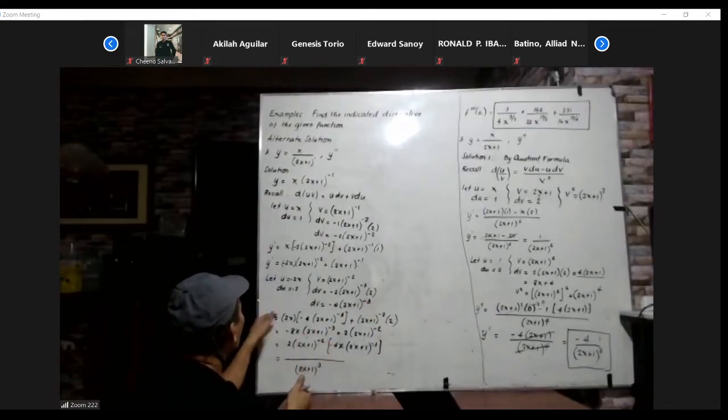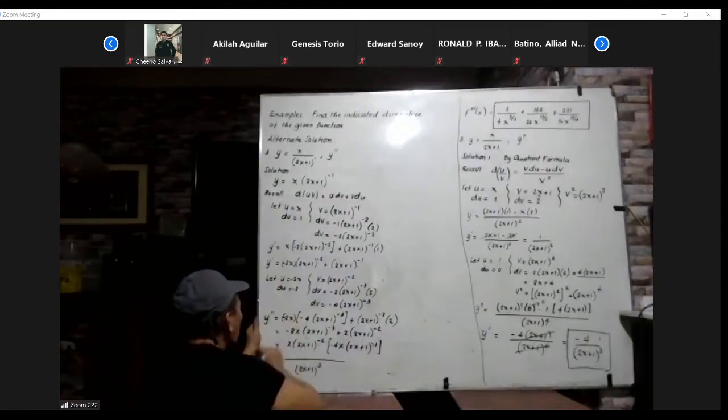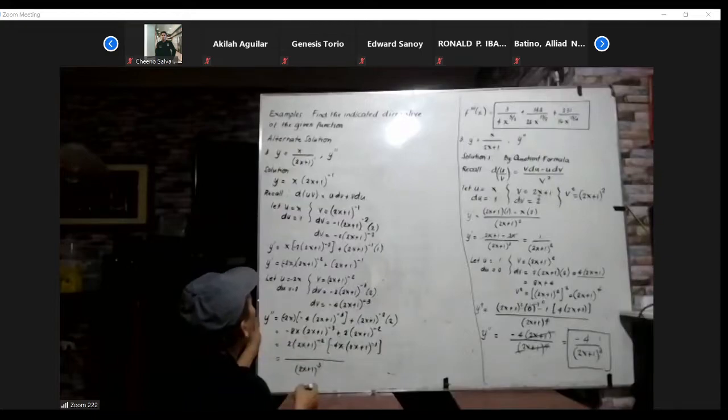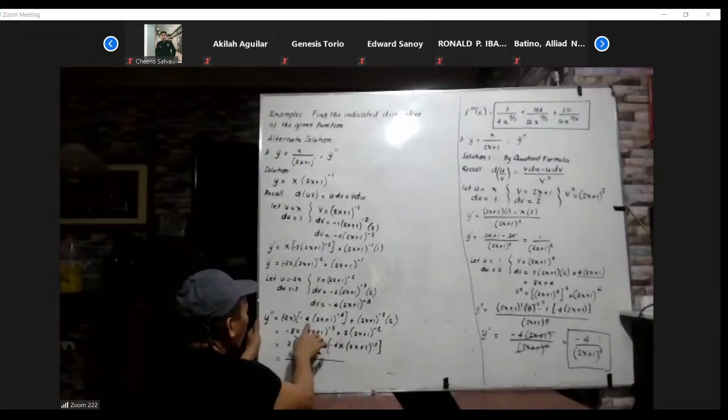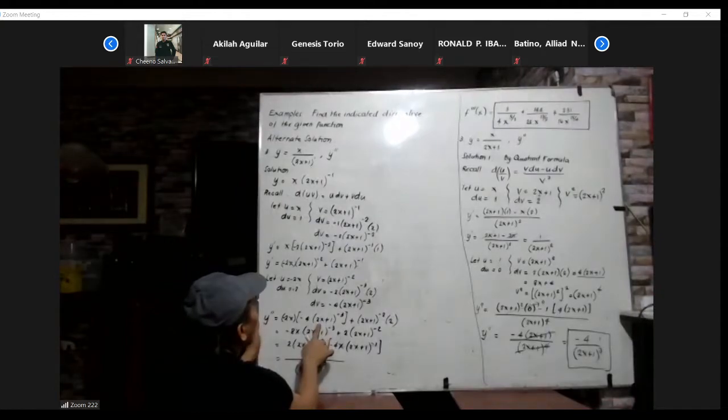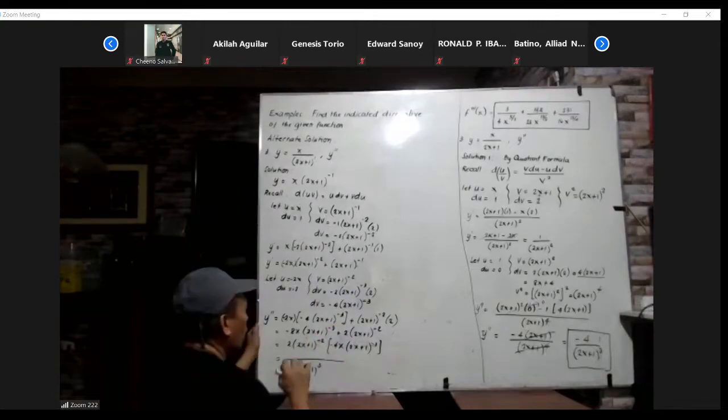So, dito na ngayon, ano na natin? Our u is equal to negative 2x. Yan. Okay? And our dv is equal to negative 4 times 2x plus 1 raised to negative 3.